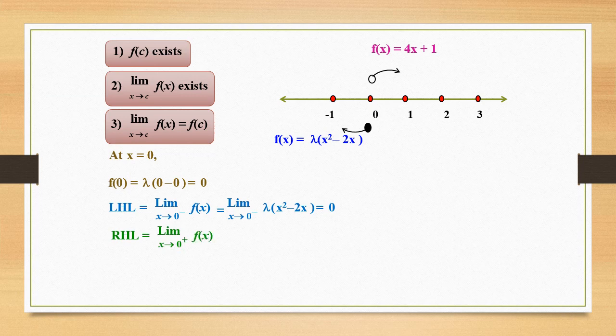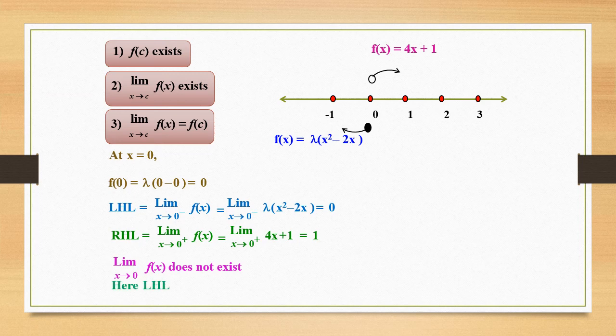Next, RHL, limit of f of x as x tends to 0 plus, which is equal to limit of 4x plus 1 as x tends to 0 plus. On simplifying we get 1.